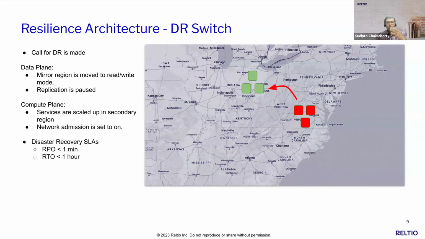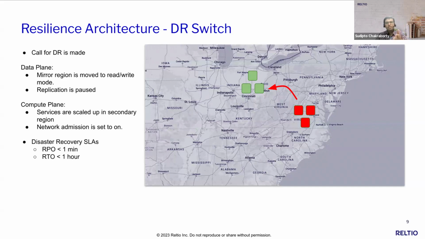Then we scale up the services in the secondary region and open it for business. Concretely, Reltio's application services that were on a warm standby in the secondary region are now scaled to full capacity. And the network routing is updated.